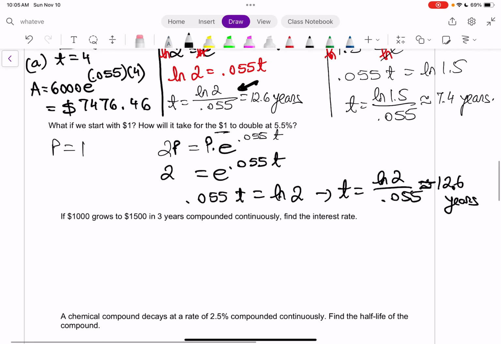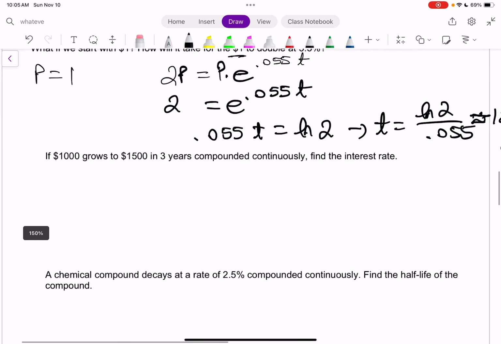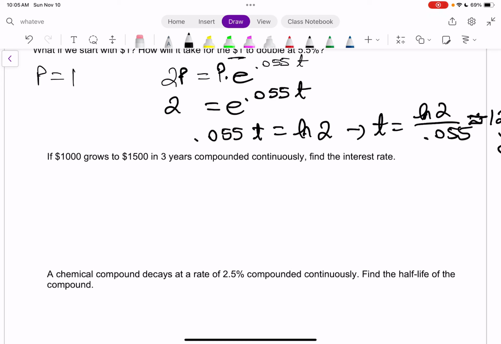Okay. All right. So here's another problem. It says $1,000 grows to $1,500 in 3 years, compounded continuously. So again, that simply means that we have to use the compound interest formula. And what do we know in this formula?